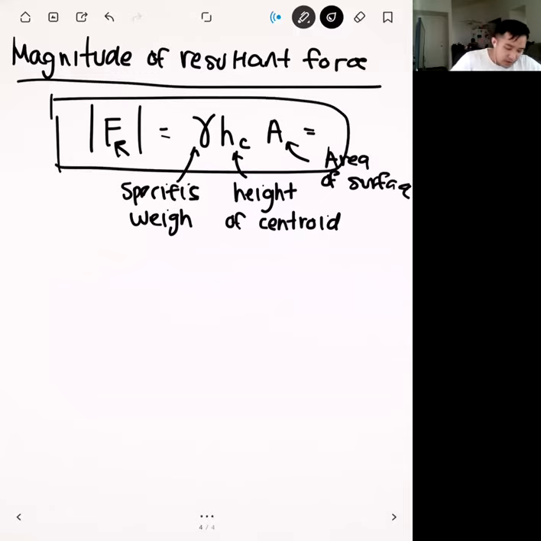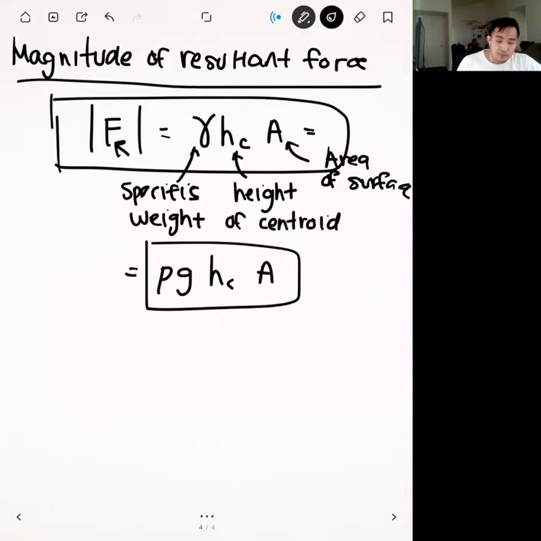And so that's one form of how to find the magnitude. And the other way you can find the magnitude is you can just substitute in for specific weight. Because oftentimes in a problem, you're not given the specific weight, but you're given the density. But we also know that specific weight is nothing more than density times gravity, so F_R equals rho times g times hc times A. So this is kind of another form for this right here.